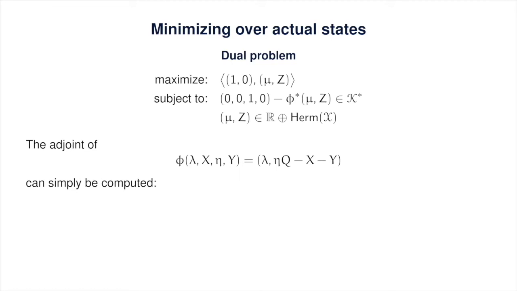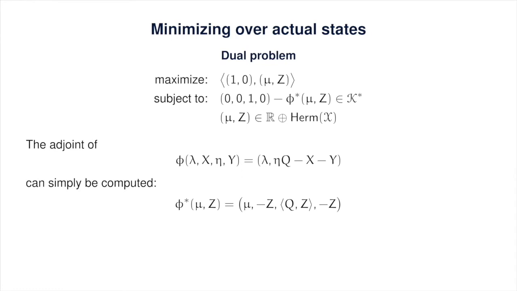The adjoint of φ can simply be computed, or if you prefer, verified. The four coordinates of φ* applied to the pair (μ, z) are μ, −z, the inner product of q with z, and −z again. If you are so inclined, you may wish to pause the video and verify that this function indeed satisfies the requirements of being the adjoint.